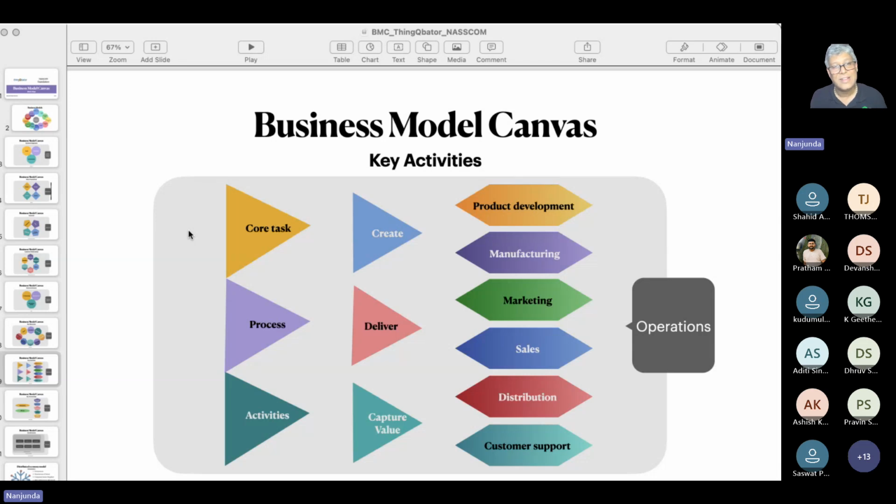So the physical asset has a diminishing value. An IP asset, an intellectual asset, has an exponential value. So you always have to look at creating a value that grows.